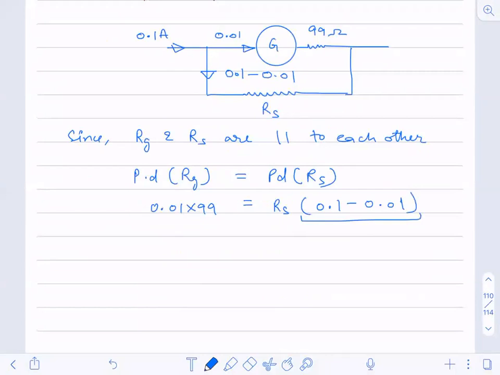Anyone who has solved this, just tell me the value of this quantity. So Rs value will be 0.99 divided by, anyone who has solved this?